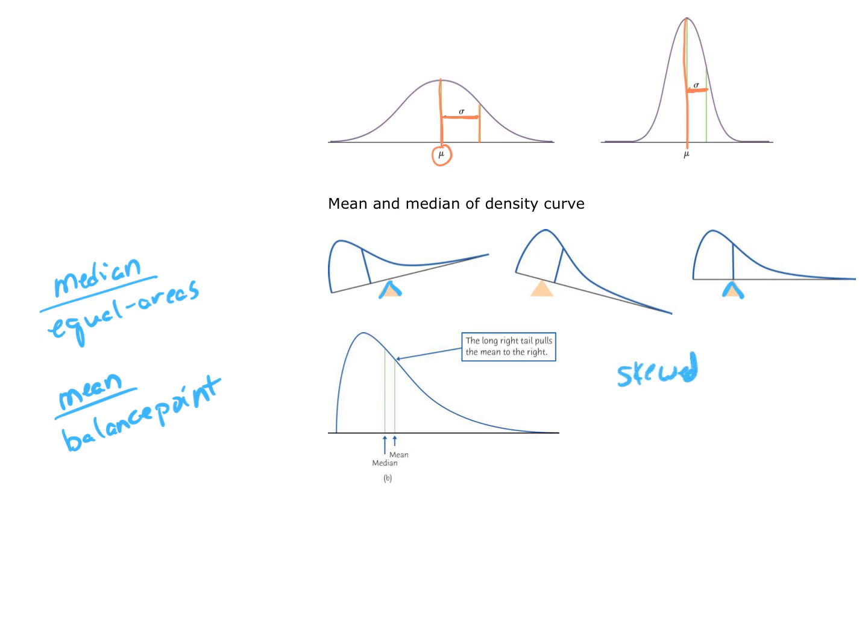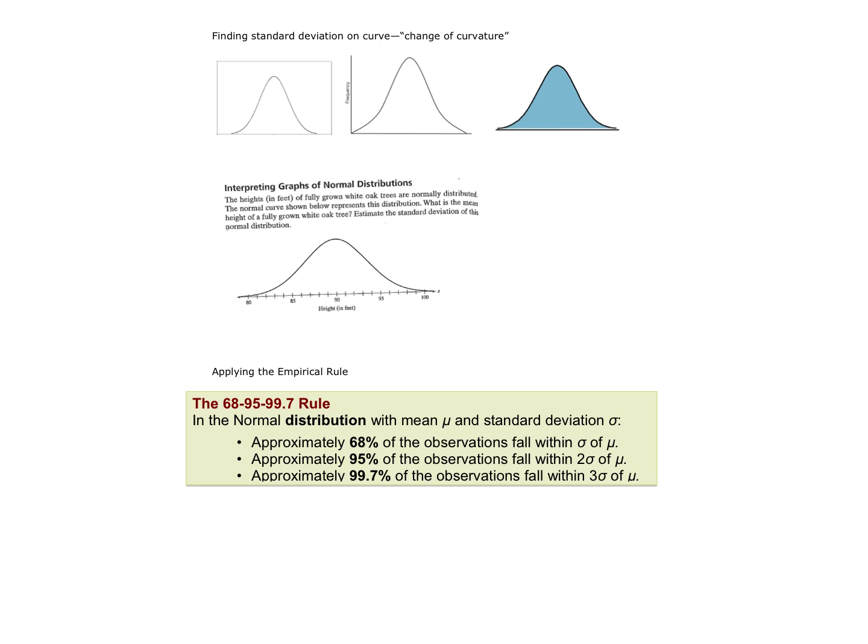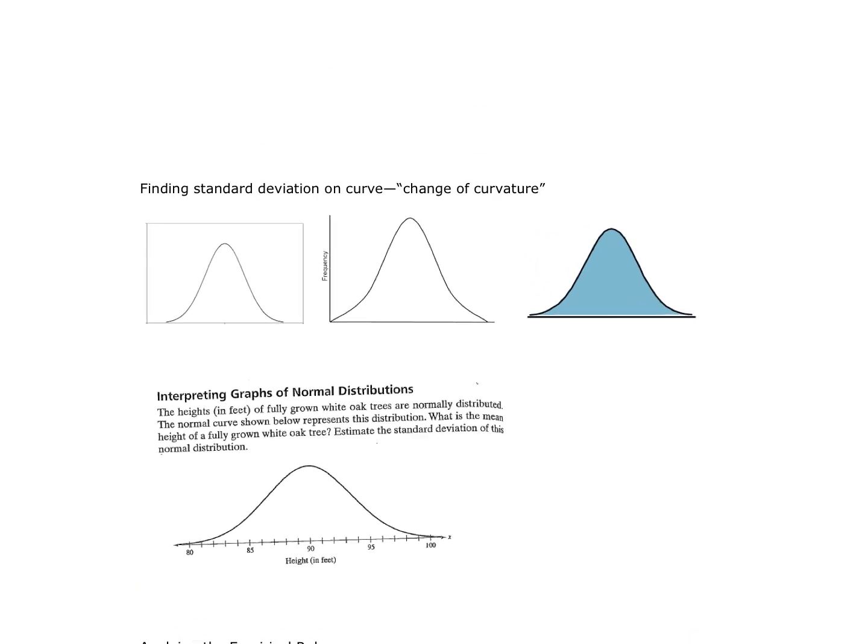That is why, if you notice in this graph, the mean is to the right of our median. So the long right tail pulls the mean to the right. That's another concept to think about or consider. We're going to look a little bit on this next page. I'm going to talk to you about what we call change of curvature for finding standard deviation.